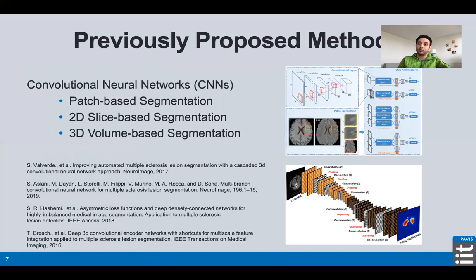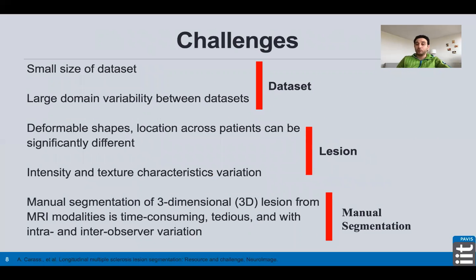However, there are some important challenges in this task, mainly related to deep learning based methods, which I categorize into 3 different groups: challenges related to the data set, the lesion itself, and manual segmentation. Since this is a very specific lesion of the brain, it has completely different shapes, from 3 voxels to a maximum of 10,000 voxels.